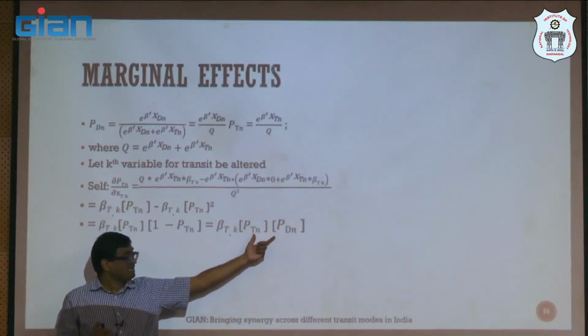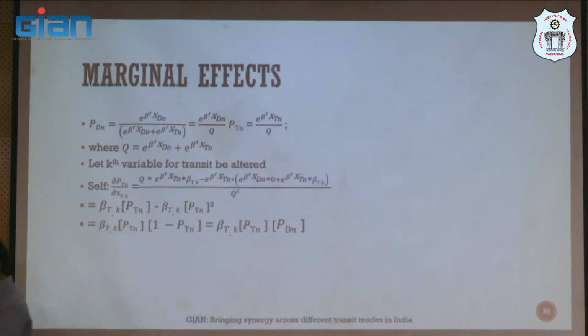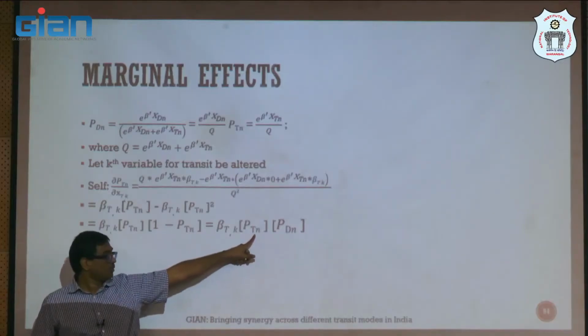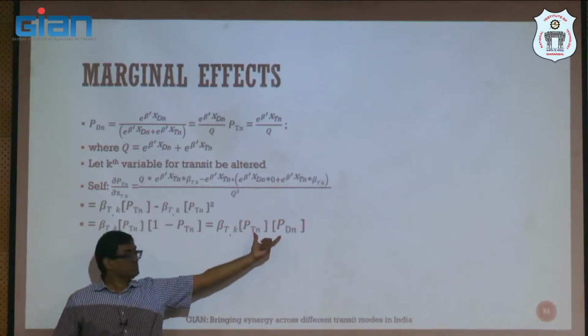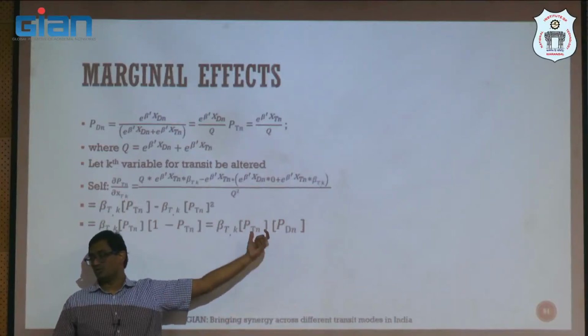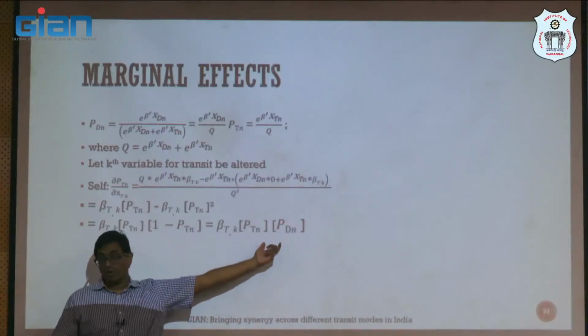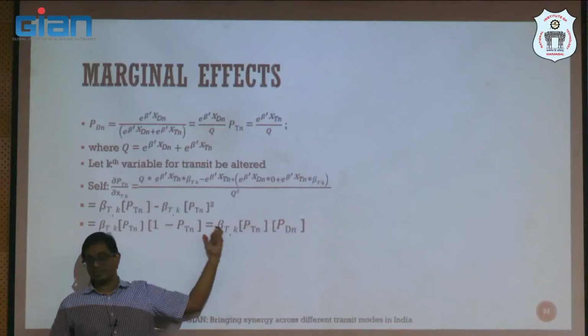So what this tells you is if the two modes are competing very closely, so the mode shares are around 0.4 and 0.5 for each alternative, beta has the largest effect. If transit is being used only 0.1, and drive is 0.9, this reduces a lot. Even if the beta is large, 0.1 times 0.9 is 0.09, which makes it small. But if it is 0.5 and 0.5, you will have 0.25 times beta.